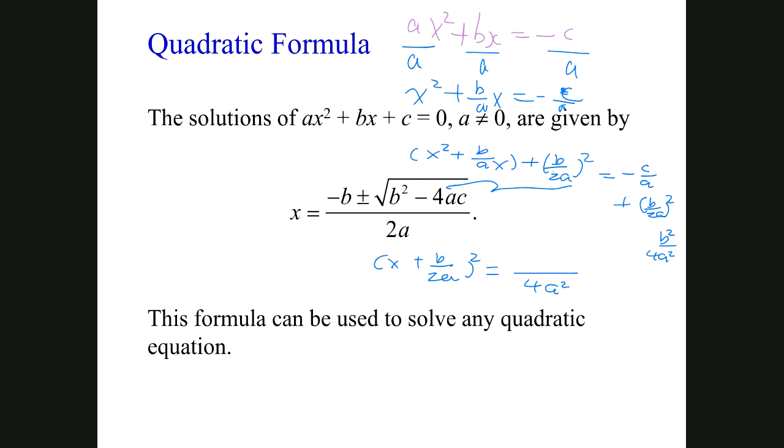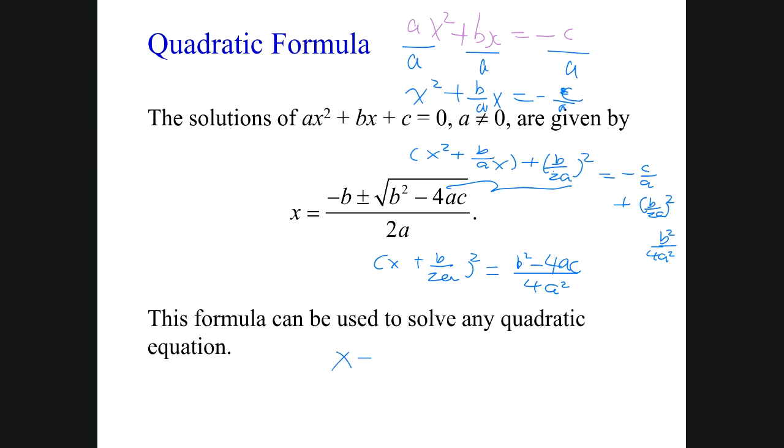So in order to make this 4a squared, I have b squared in here, I'm going to put this one in the front, b squared, and then this you have to multiply by 4a and then times c, in order to be the same denominator in here.